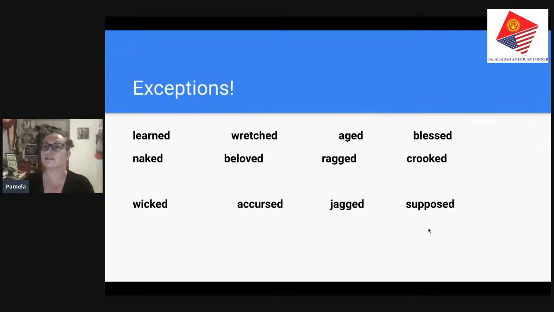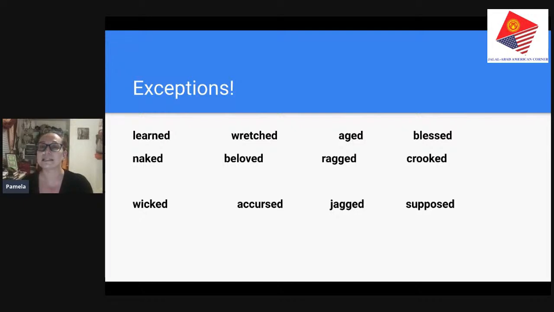Again, if it's in the simple past and you're saying he was supposed to take out the trash, he didn't, he was supposed to, then you don't add the extra syllable. But if you're saying something is not clear, it is the supposed, that was the supposed end to the story, but they changed it when they turned it into a film. So that's not exactly correct, but as an adjective, supposed.